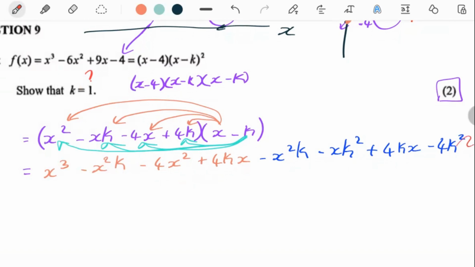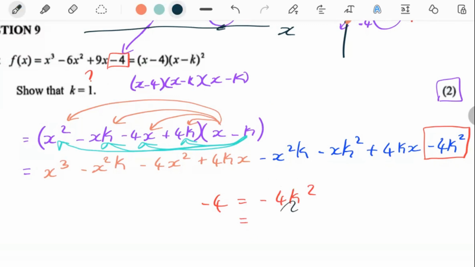So in other words, the only value that does not have x is this one. To fast track the process, this number here is the only number that does not have x. So it means that this value here is being represented by negative 4. So what we know is that negative 4 is equal to negative 4k squared.